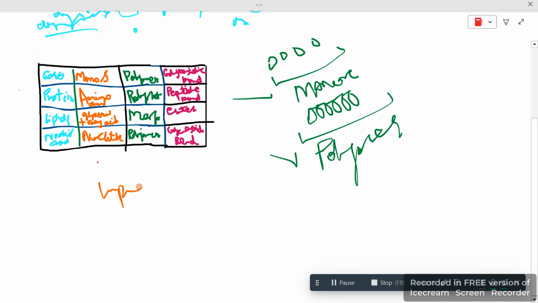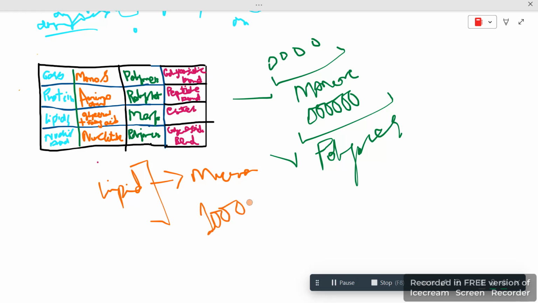So when I talk about lipids, lipid is a micromolecule. How do we know that? Because there is the dalton, a unit, by which we find it. Lipid is 800 daltons.